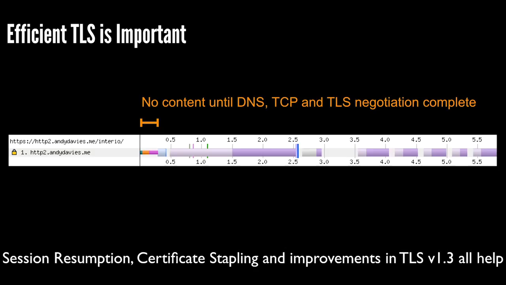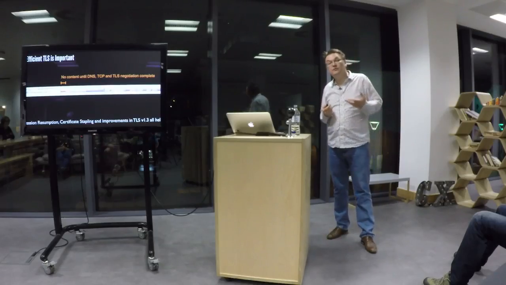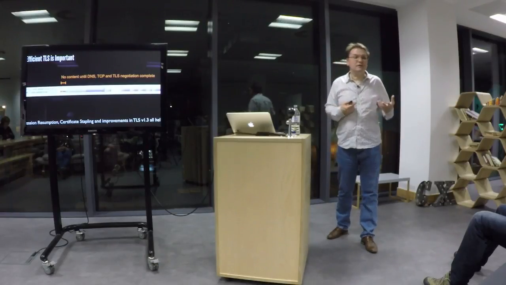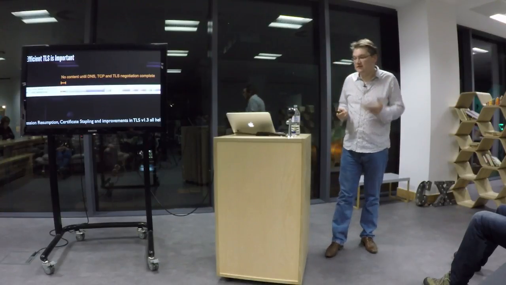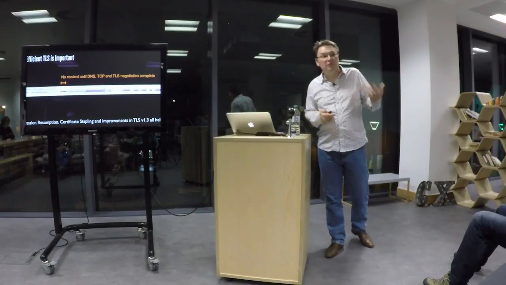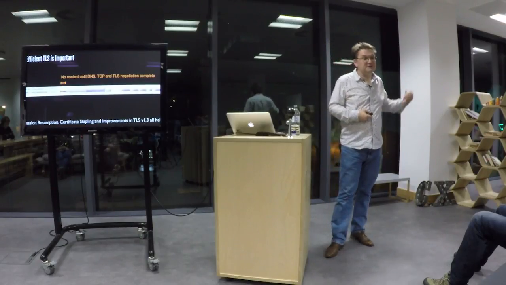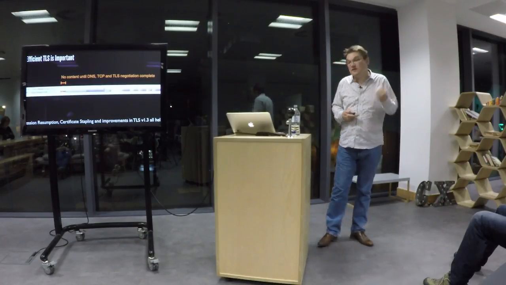TLS 1.3 that's coming has this situation where it can negotiate a secure connection in 0 to 1 round trips, as opposed to the 1 to 2 round trips we need at the moment. So that will make it even quicker. But implementing TLS efficiently is really, really important for HTTP2, because until that connection's created, you can't request anything from the server.